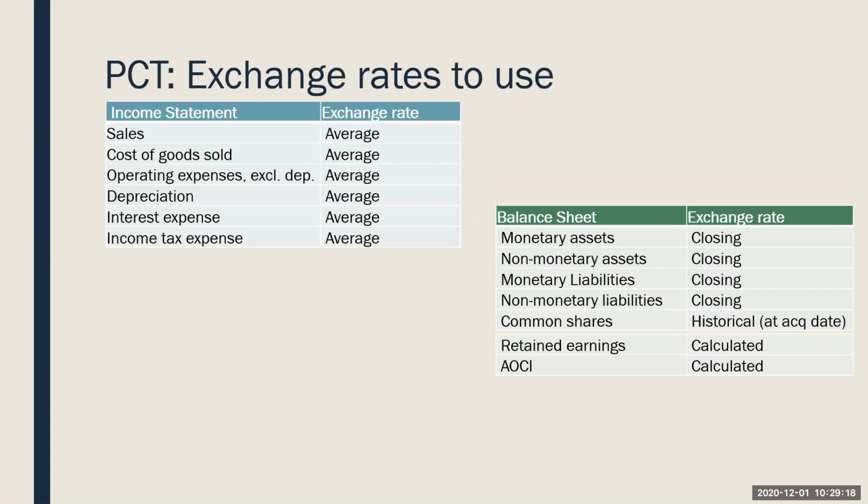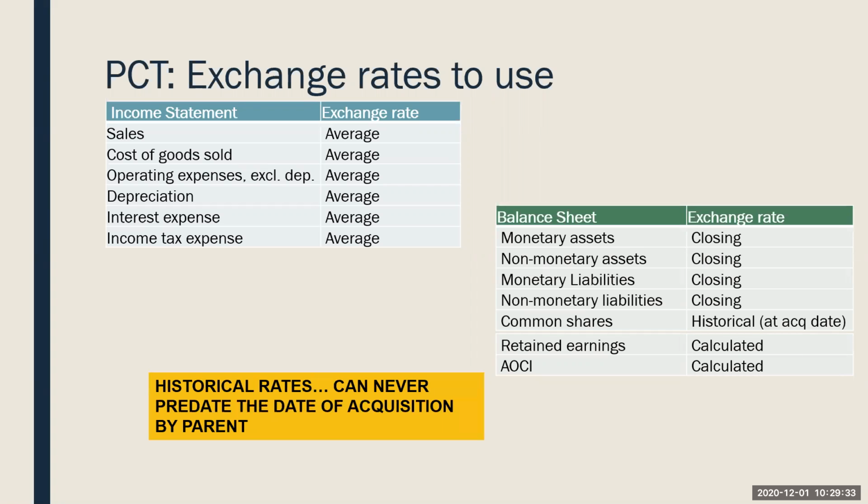Retained earnings and accumulated other comprehensive income are translated amounts which have to be computed using the beginning balance and the changes that took place during the year. Once again, cautionary note, when using historical rates, you can never use a rate that is from a date earlier than the date of acquisition of the subsidiary by the parent company.